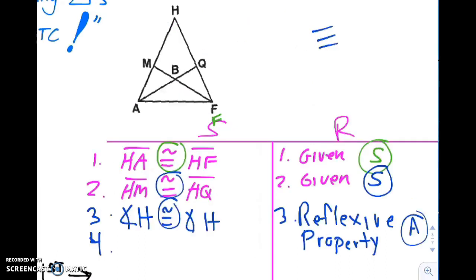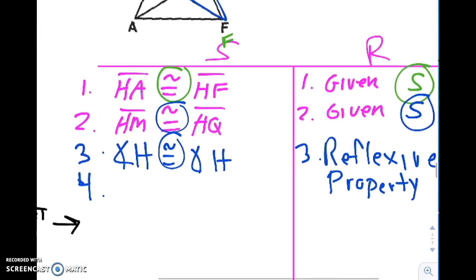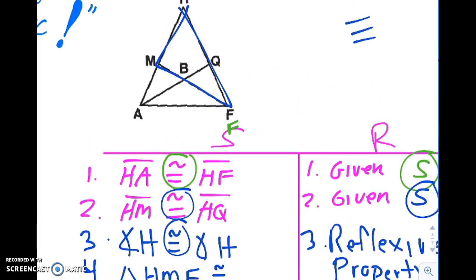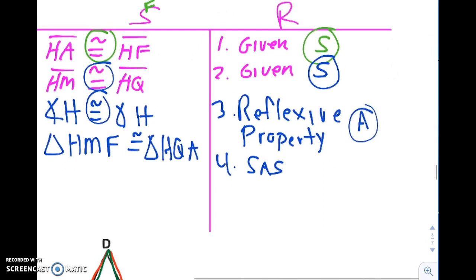So this one here, I'm going to call it HMF. Triangle HMF is congruent to triangle HQA.